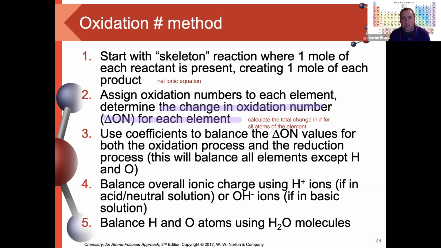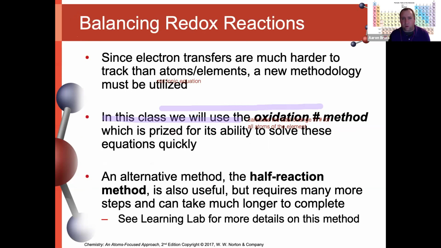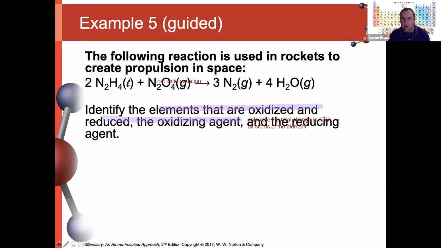So in the case of the previous example where we had the hydrazine, we only said, okay, the +4 here is turning into a 0. And so we had to take in 4 electrons. In the balancing part, we would say, okay, well, hold on a second.